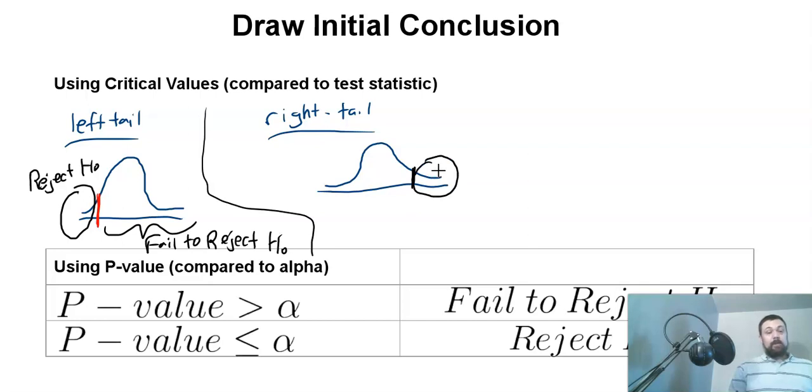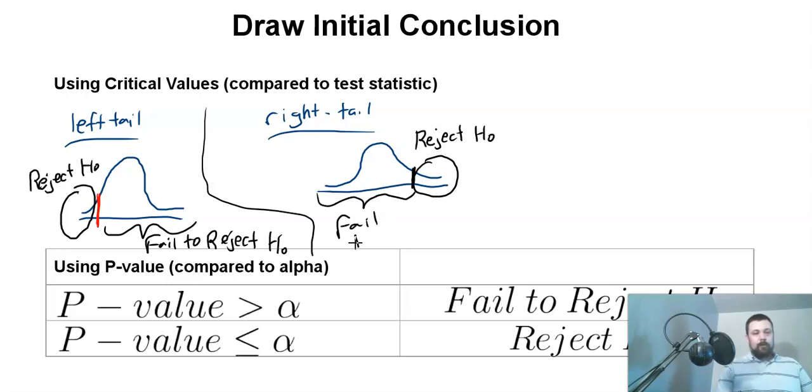If your test statistic ends up further into the right tail past that critical value, that's the case where you would reject the null hypothesis. If it's anywhere to the left of that critical value, you would fail to reject the null hypothesis. And the last possible scenario is if it's a two-tail test.